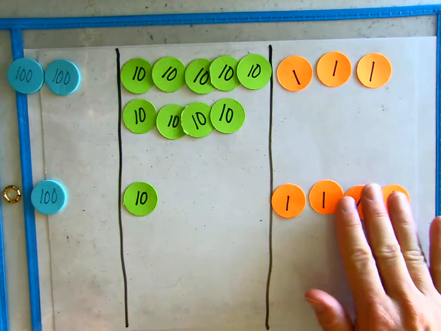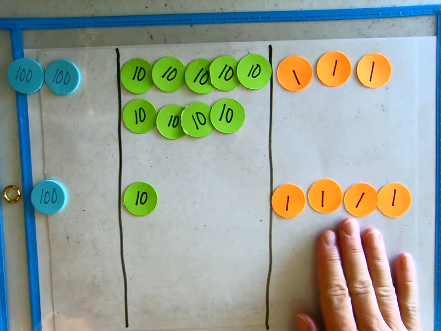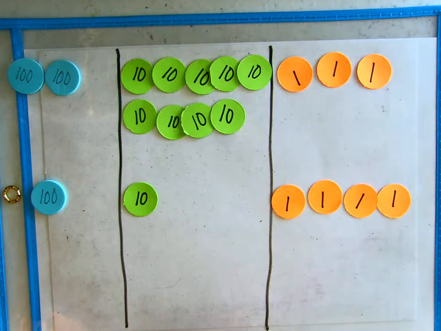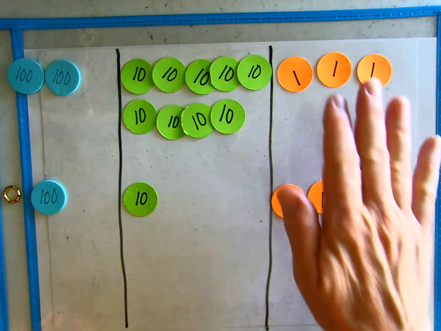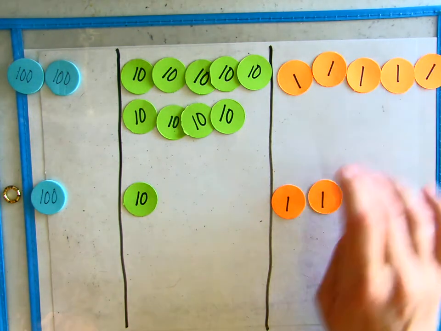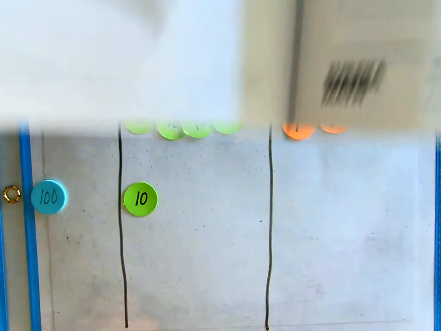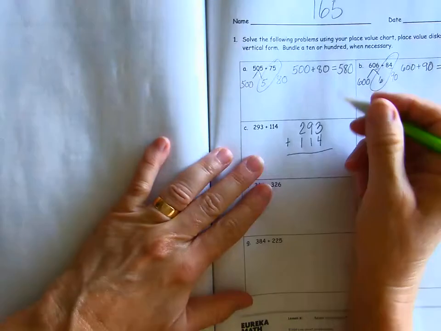So we have 3 plus 4. Can I make a 10 with that? No, that does not quite make a 10. I have 3 and 4 making 7. So I am going to add that to my vertical form.